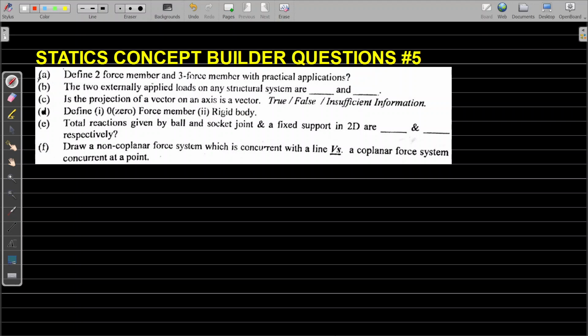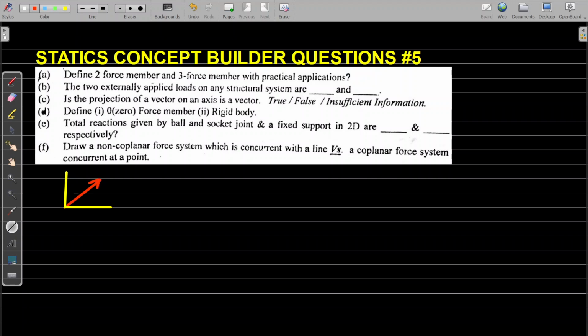In order to understand this problem, we can prove it like this. Say we have one vector over here, and some axis over here, and there is going to be another axis over here.